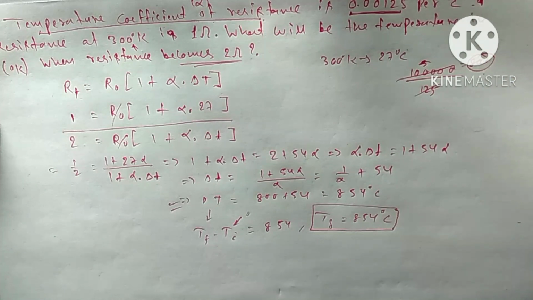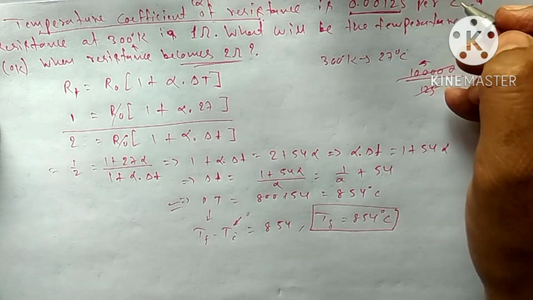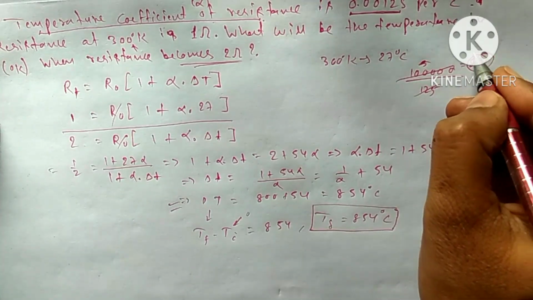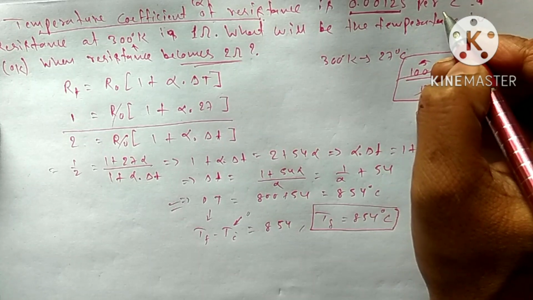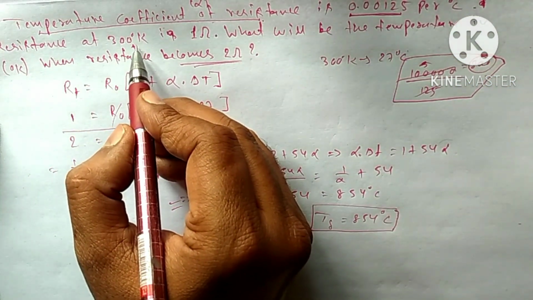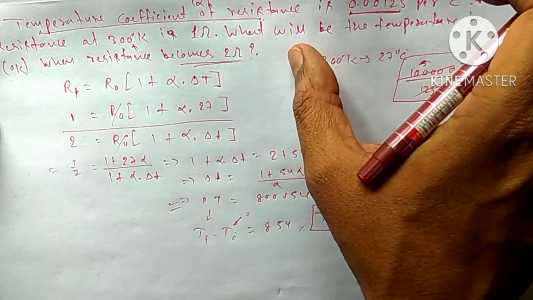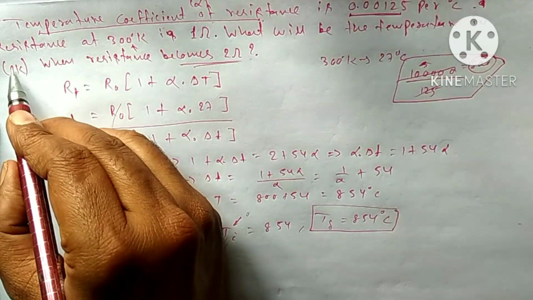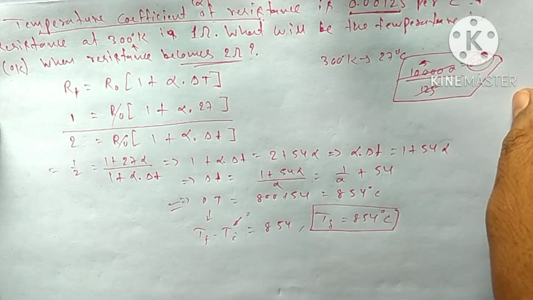By simple calculation we can change it, and 1 by alpha is 800 per degree Celsius. And again, the resistance at 300 degree Kelvin is 1 ohm. Then what will be the temperature when the resistance becomes 2 ohm?